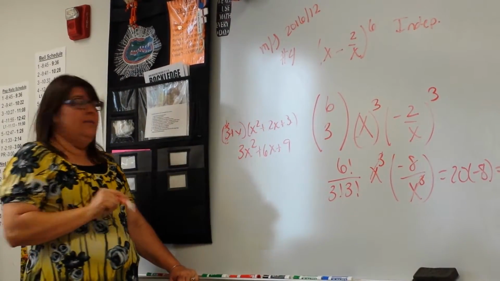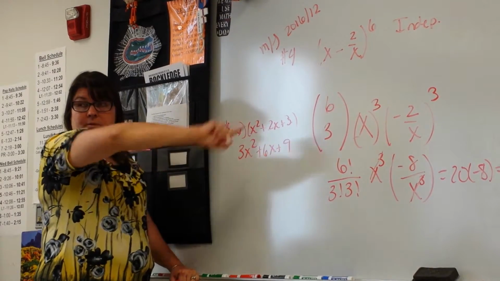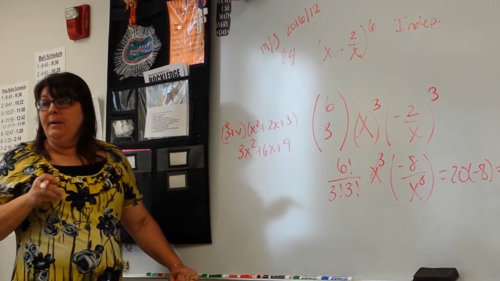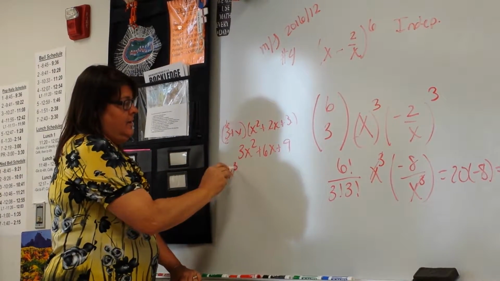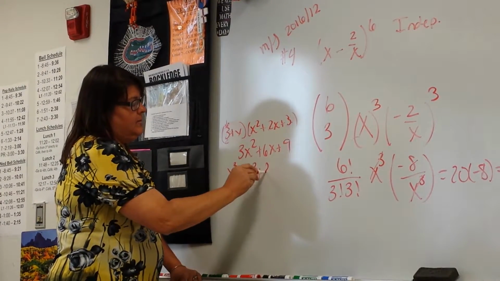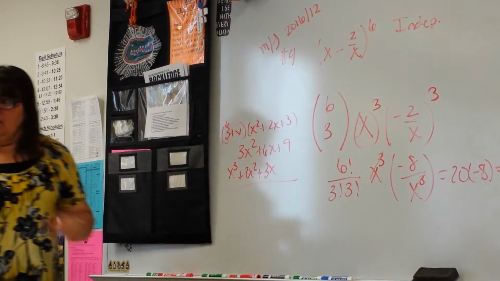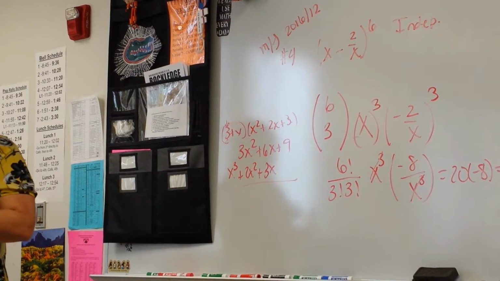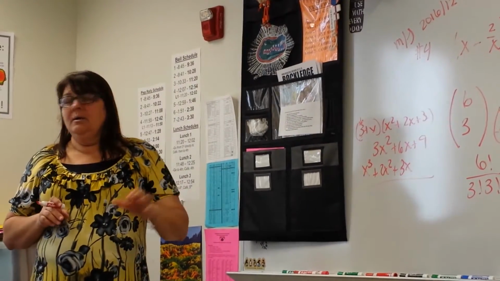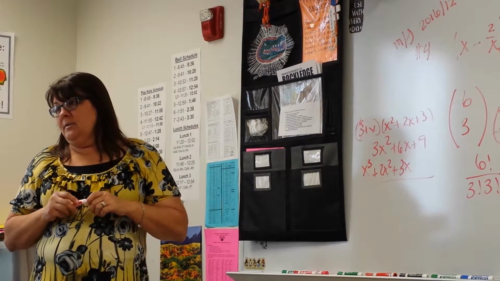Then we take this one and we multiply it all the way across. We line them up and we add up like terms. So this would have been x to the third plus 2x squared plus 3x. So in actuality, you take the first piece, multiply it through, the second piece, multiply it through, add like terms. And that's what you're doing. You're not going through the process of multiplying everything through. You're just going to do that and then add like terms.